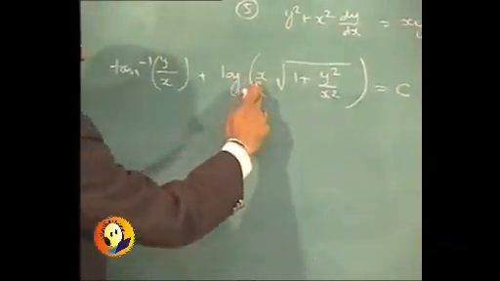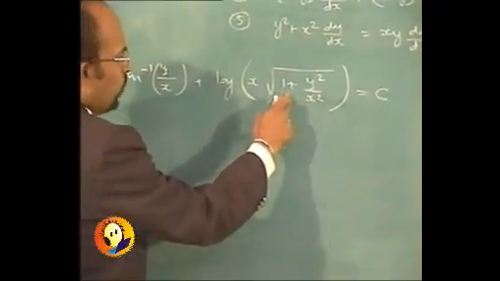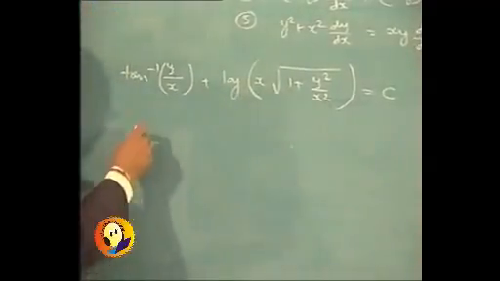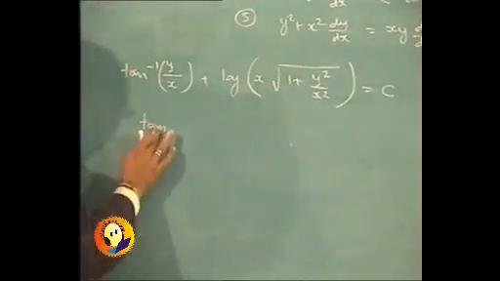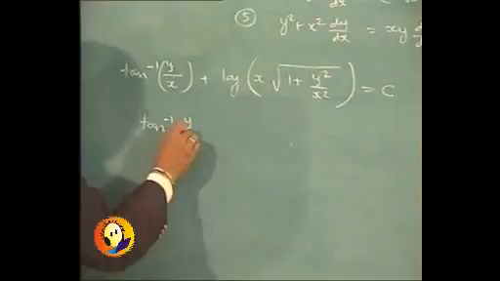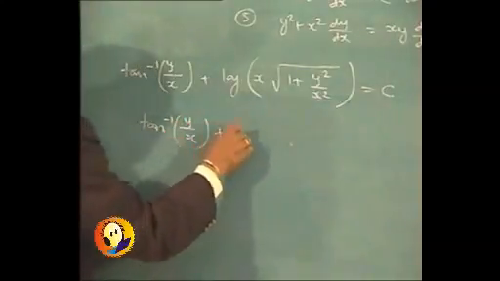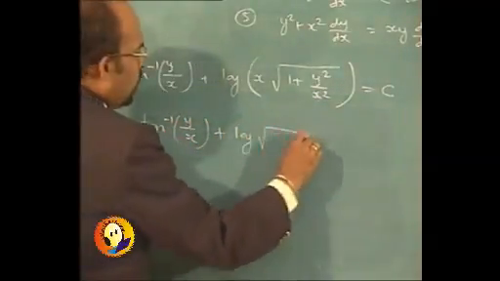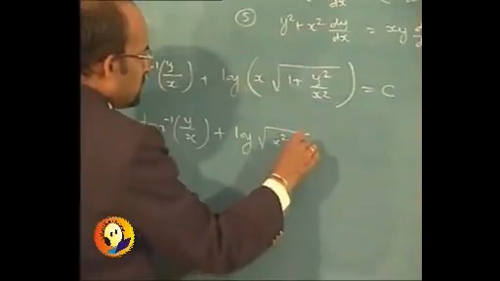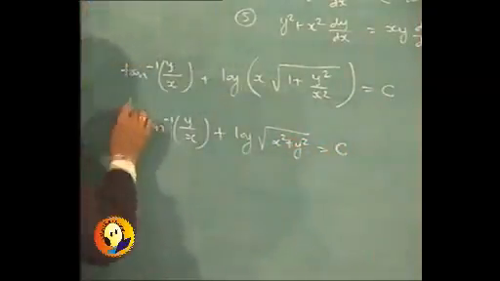When you take this x inside the root, it will be x square, so you are required to multiply by x square. The final answer is tan inverse of y upon x plus log of under root of x square plus y square equal to the constant of integration.